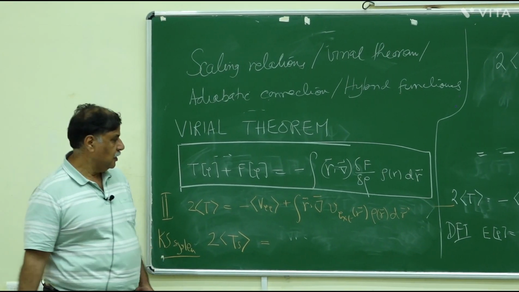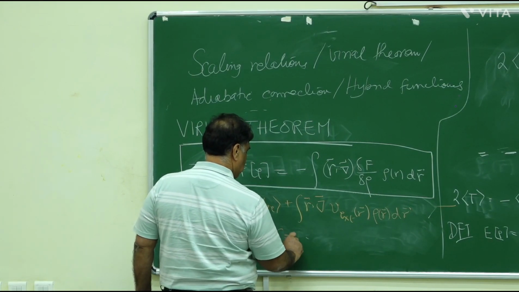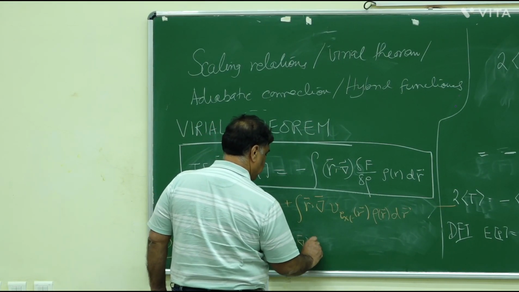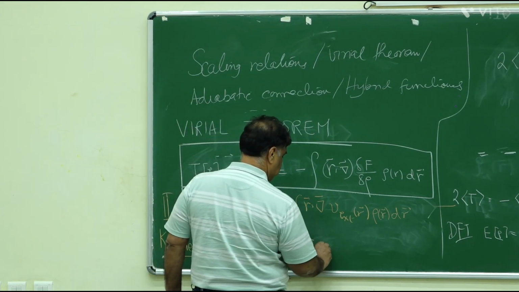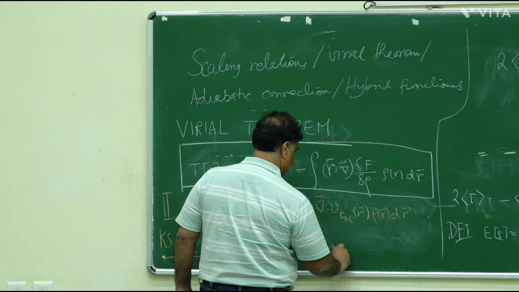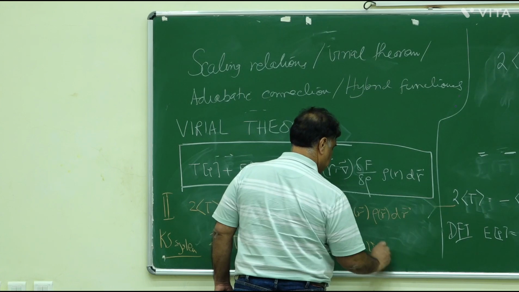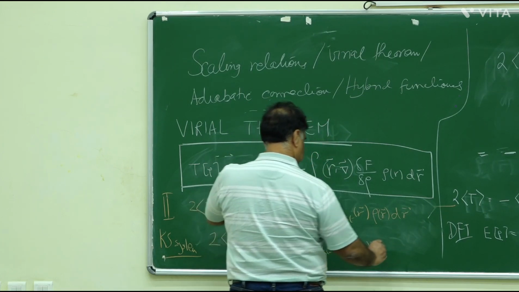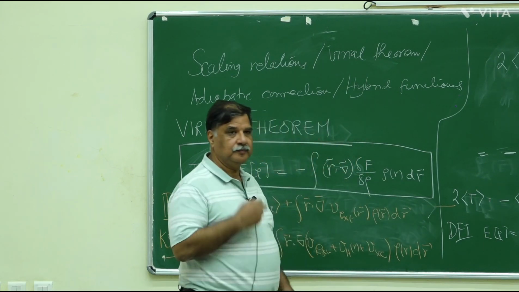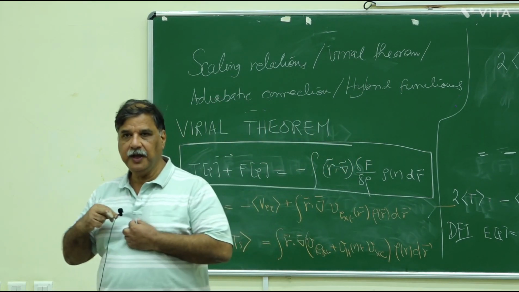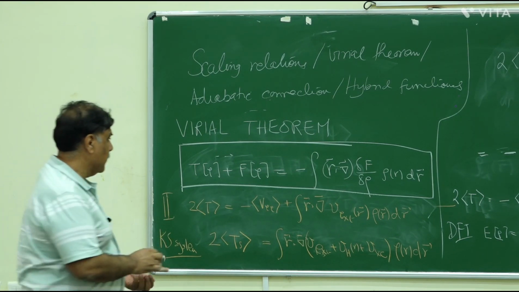There is no interaction. The only thing is this. So I'm going to get integration R dot del V Kohn-Sham, which is nothing but V external plus V Hartree plus V exchange correlation, rho R dr. Is that okay? Are you with me on this?